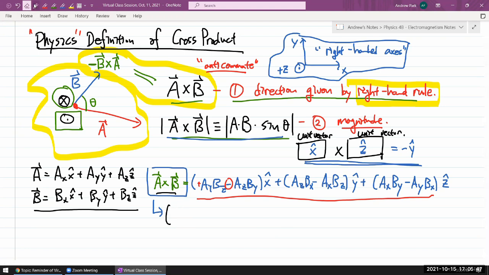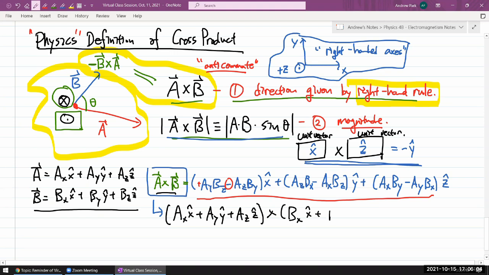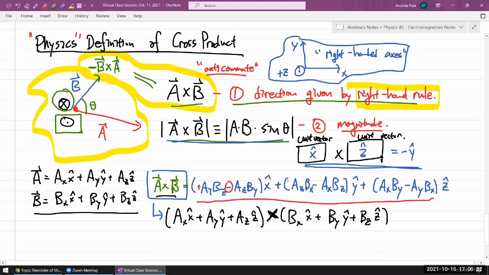Write out the A vector in terms of its components, AX x hat plus AY y hat plus AZ z hat, cross product with B vector, BX x hat plus BY y hat plus BZ z hat. And as weird as cross product is, it still obeys the distributive property that we described.